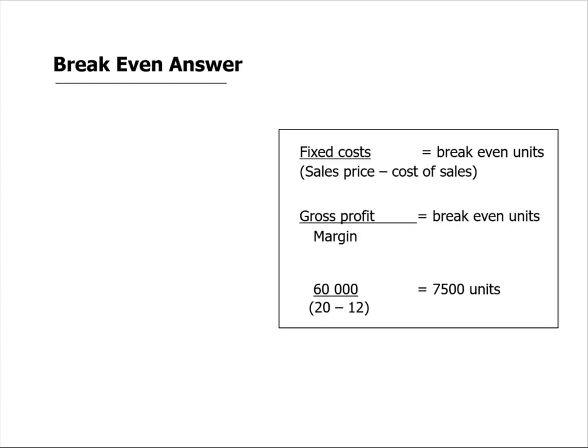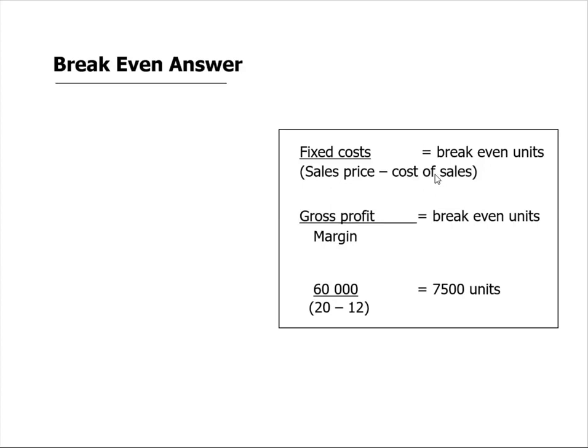So to do that, we're going to start off by saying, well, we need a break-even formula. And this would have been a formula I showed you earlier. I've changed the terminology a little bit. I've said sales price minus the cost of sales. And in this context, I'm assuming this cost of sales includes only variable costs.